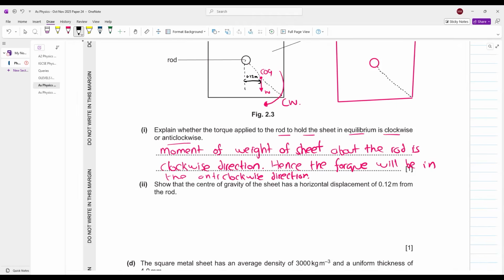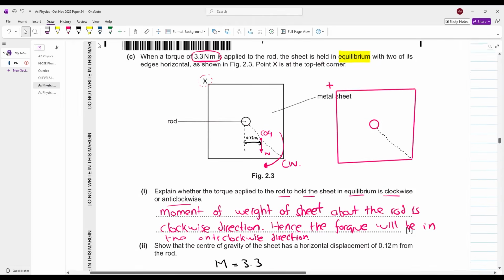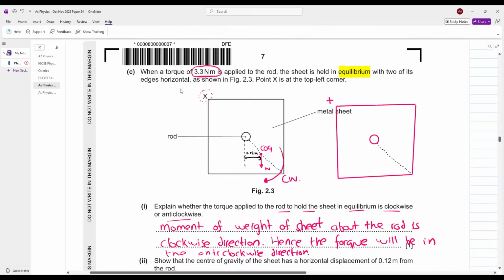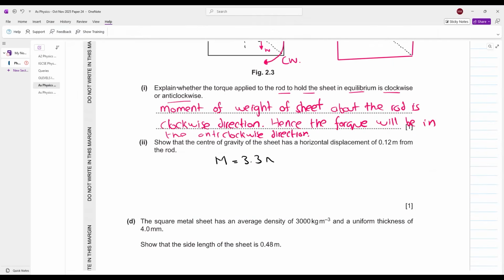We have to show that. तो हम क्या कहेंगे? The moment generated by the center of gravity or by the weight is equal to what? 3.3. बेटा the moment generated by the weight is 3.3 Newton meter. इस मोमेंट की जगह क्या रख देंगे? फोर्स इनटू द डिस्टेंस x that we want to prove.